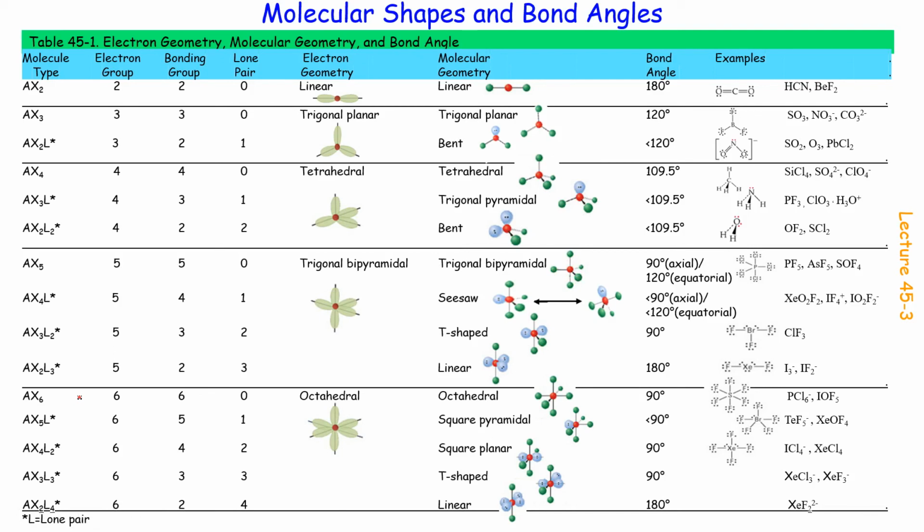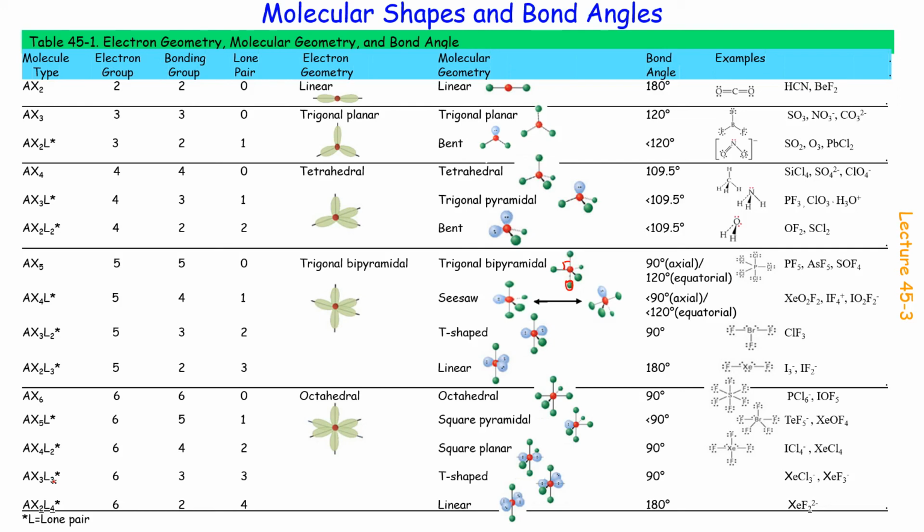There are 2 different bond angles. The first one is 90 degrees between the axial bonds and the equatorial bonds. Note that there are 2 axial positions, this one and this one.